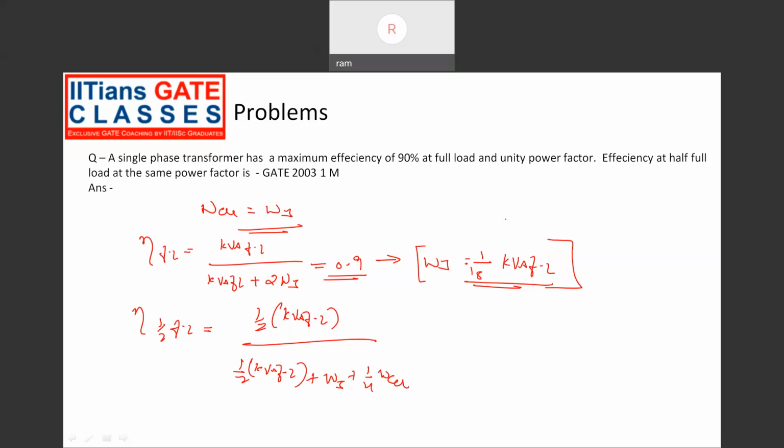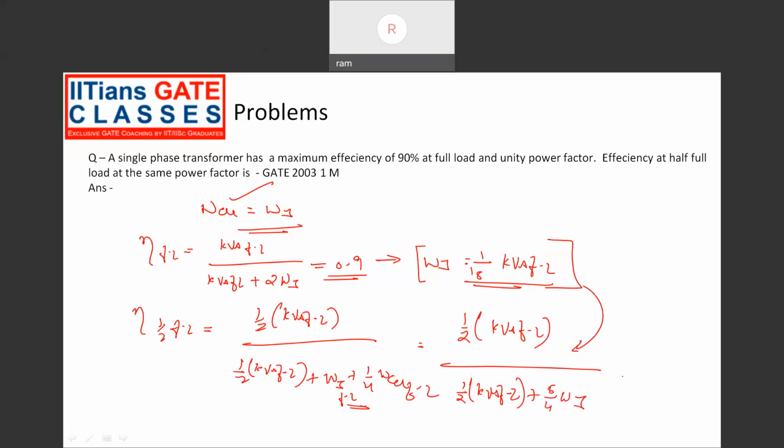We also know that copper loss at full load equals iron loss. So from this I can write half kVA full load by half kVA full load plus 5 by 4 times Wi. If I use this expression and solve, I will get around 87.8 percent.